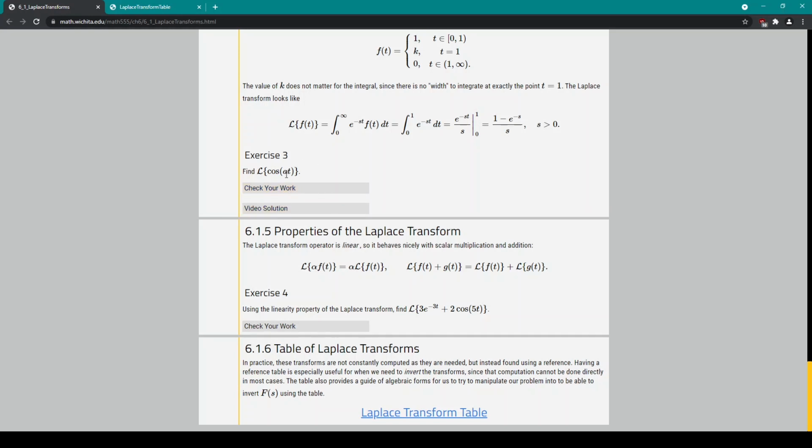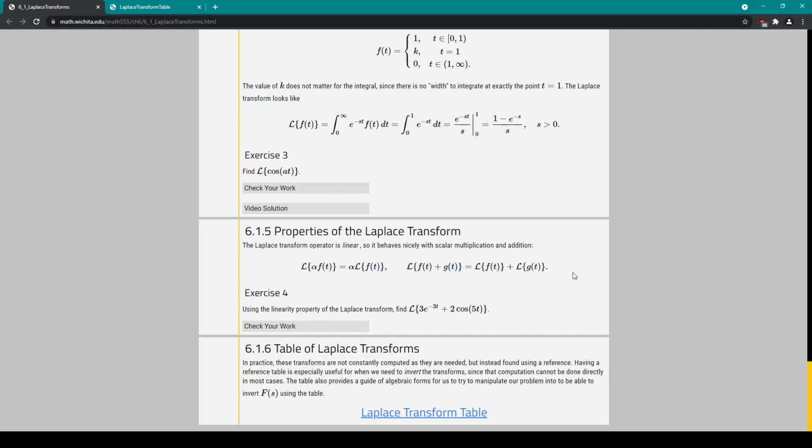For the Laplace transform of cosine, and then the Laplace transform of this, which is a linear combination of functions that you should be able to compute the Laplace transform for, because we've done e to the at, right? A in this case would be -3. And it turns out that the Laplace transform is linear because it is based on an integral.